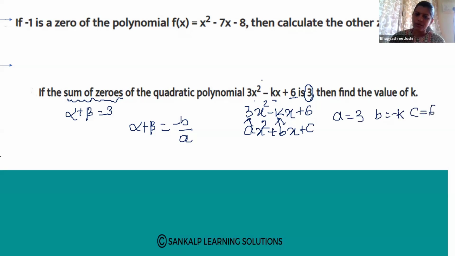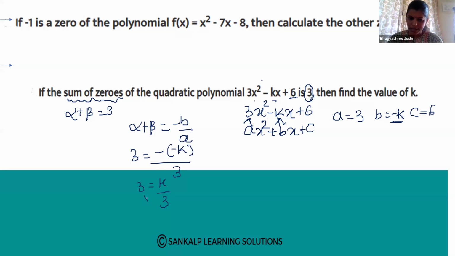Now, alpha plus beta they have given is 3. So 3 is equal to minus b divided by a, and b is minus k, divided by a, whose value is 3. Now 3 is equal to minus into minus, plus k divided by 3.